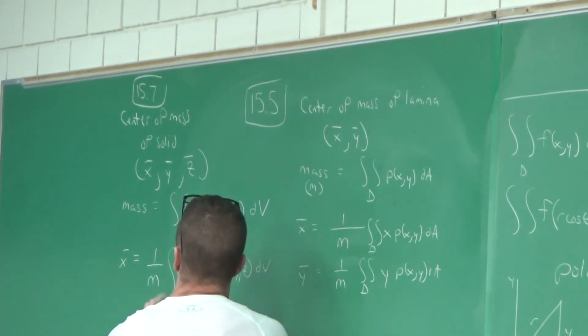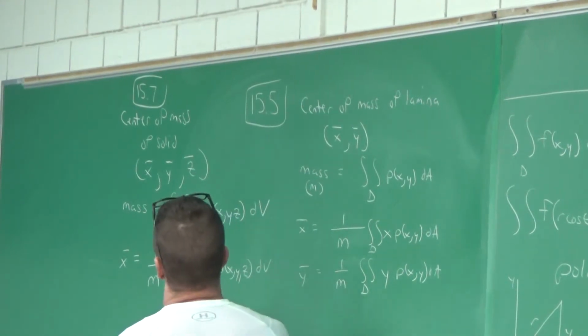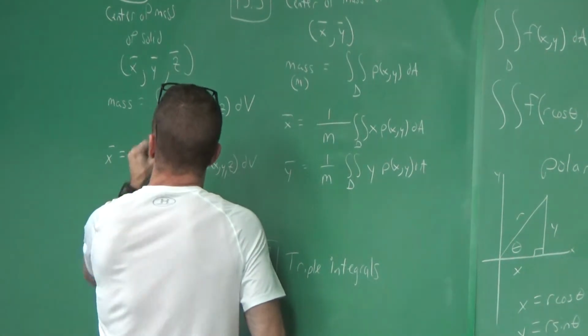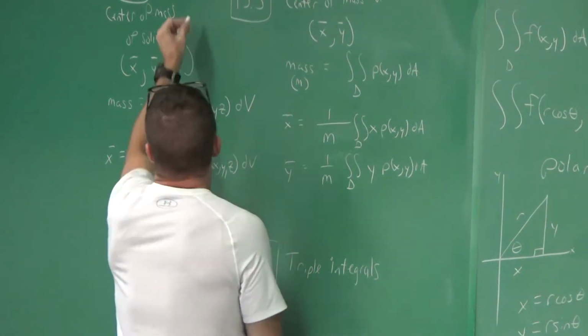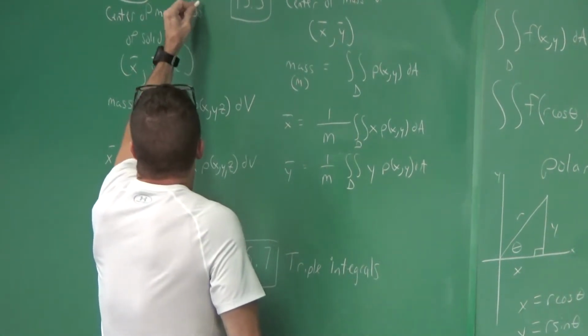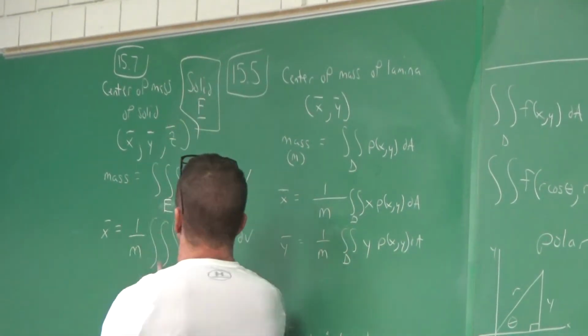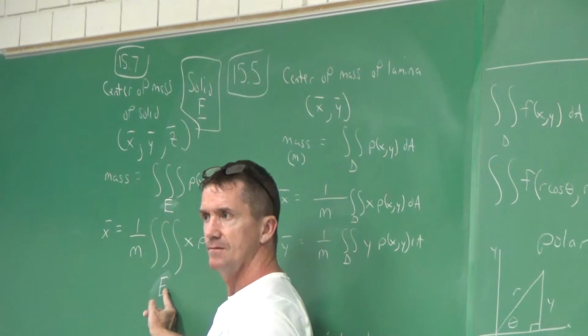I should use a different letter for the region. Let's say E is the actual solid. So I'm going to say for solid E, and when you're done for solid E, we'll just put the triple integral over E there.